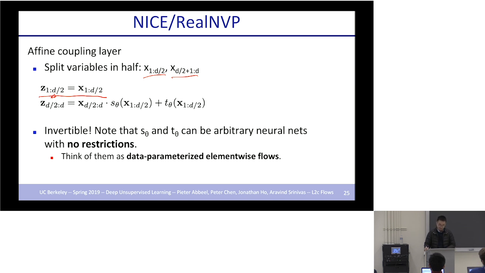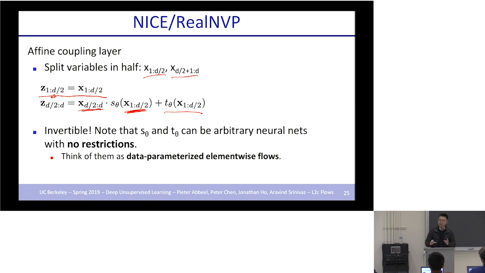The other half is somewhat more interesting. I feed in the first half of x, which is really just z in this case, through some function approximator. That gives us a certain scaling variable, and I use that scaling variable to scale each dimension in the other random subset. And on top of that, we also shift it.